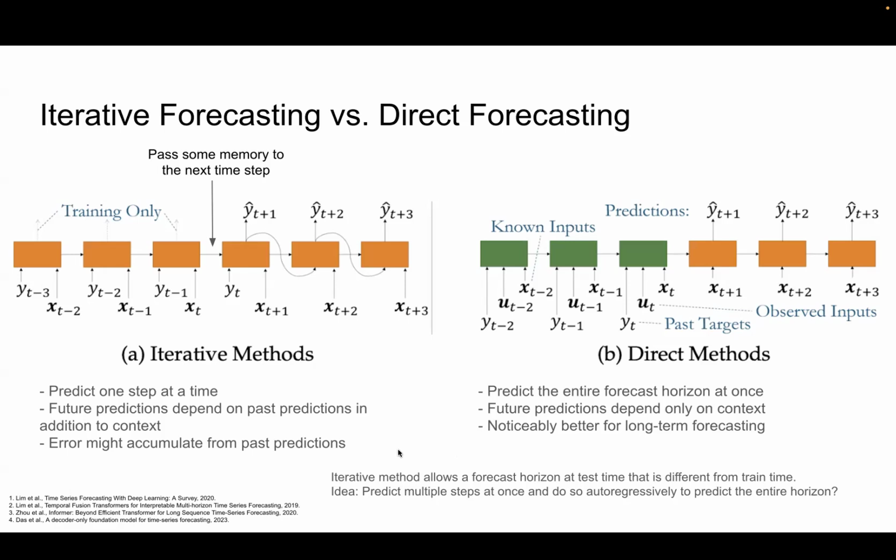And another research idea here is that instead of applying the iterative method or the direct method, maybe we can iteratively predict multiple steps at a time. This can allow us to make predictions for arbitrary forecast horizons, as well as avoid the error accumulation issue in the vanilla iterative method.